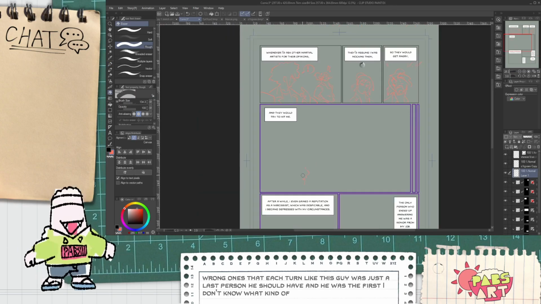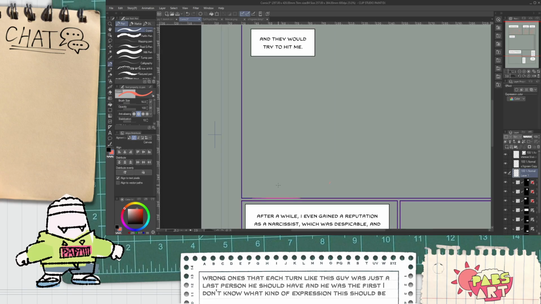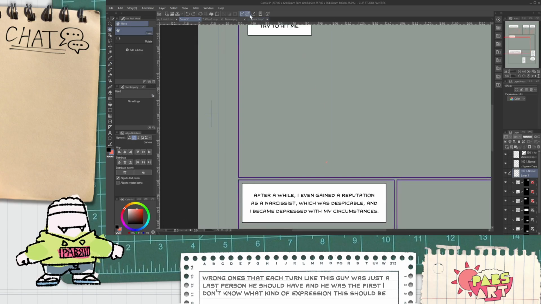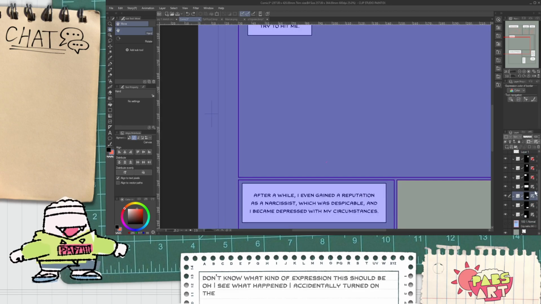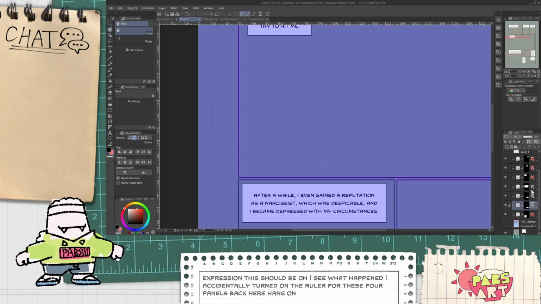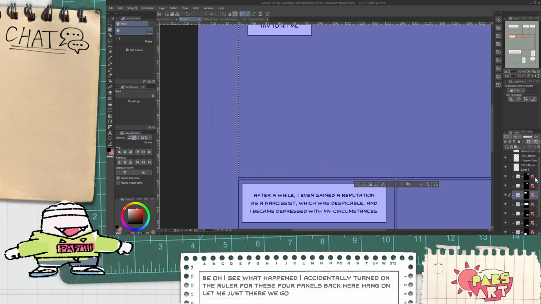I don't know what kind of expression this should be. Hang on. Oh, I see what happened. I accidentally turned on the ruler for these 4 panels back here. Hang on, let me just... There we go. Perfect, there we go.